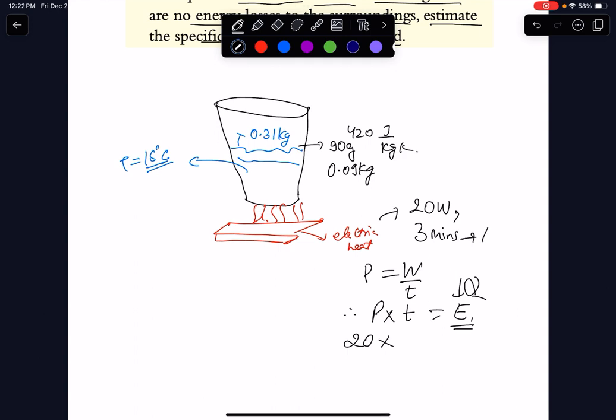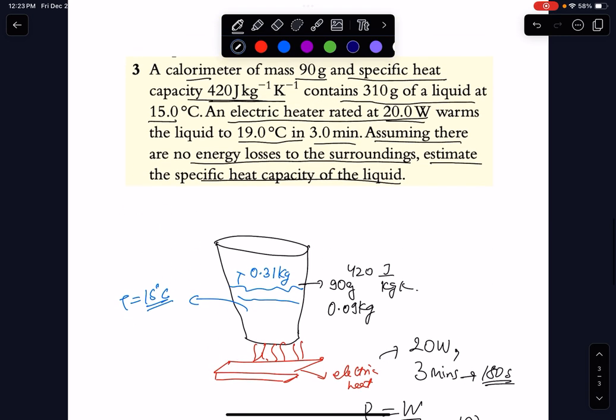You should convert this into seconds. This is 180 seconds, in SI units. And so if you do this, the overall energy input is 3,600 joules. So you're providing 3,600 joules of energy to the system.